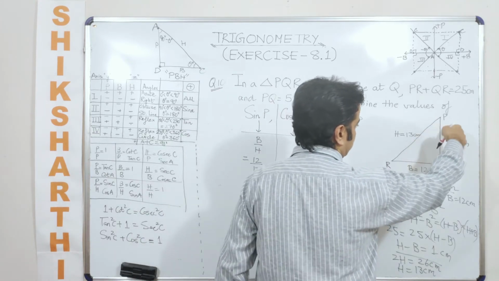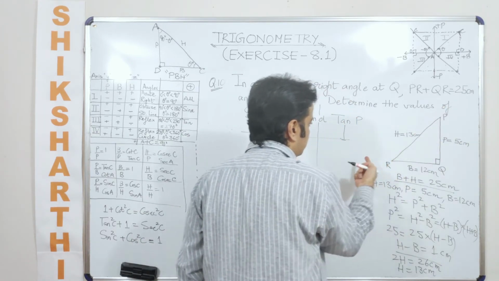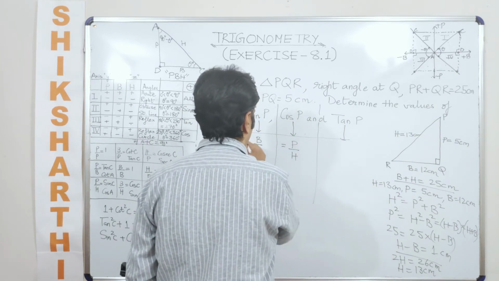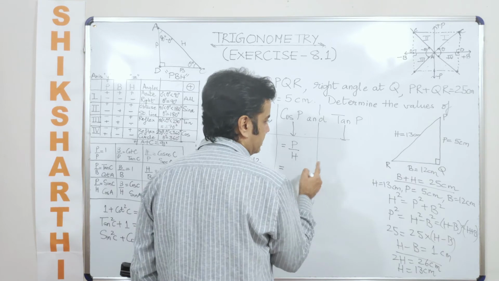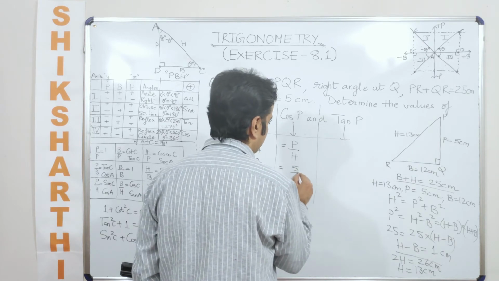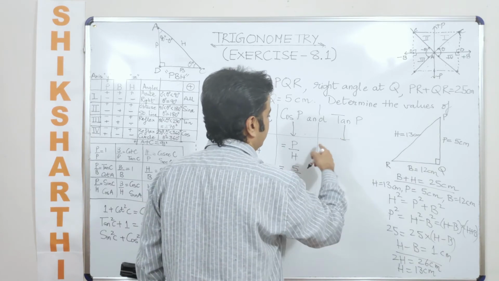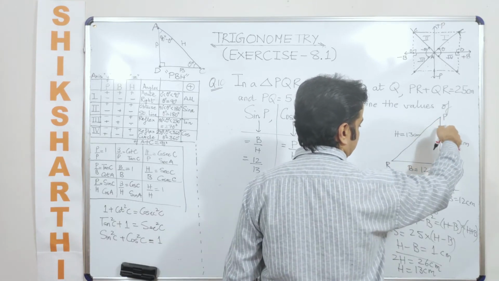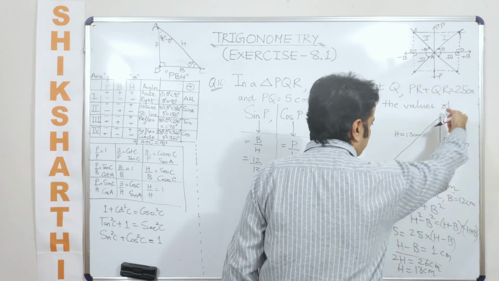Cos P, base upon hypotenuse. So this I can write as 12 by 13, and we know that tan P is basically perpendicular upon base.